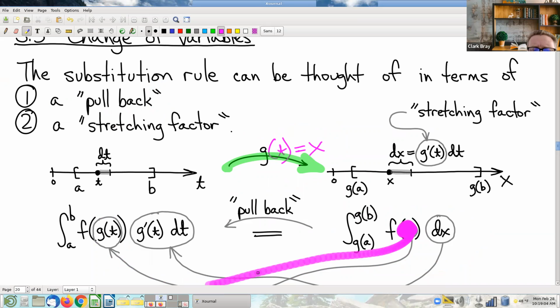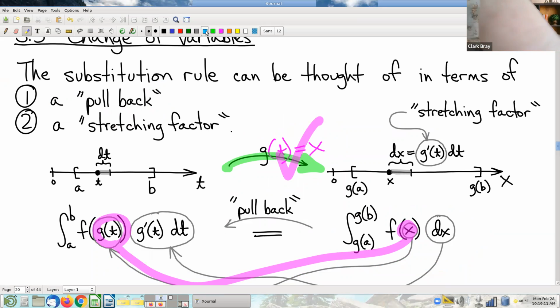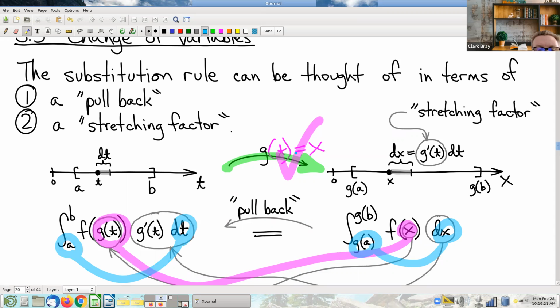X pulls back to g of t, because that's what it is, right? And the bounds are not a hard pitch, I think. If x is equal to g of a, well, that means that t would be equal to a, because again, that's what g does. Just plug in the numbers and see that those work. Likewise for the upper bound.